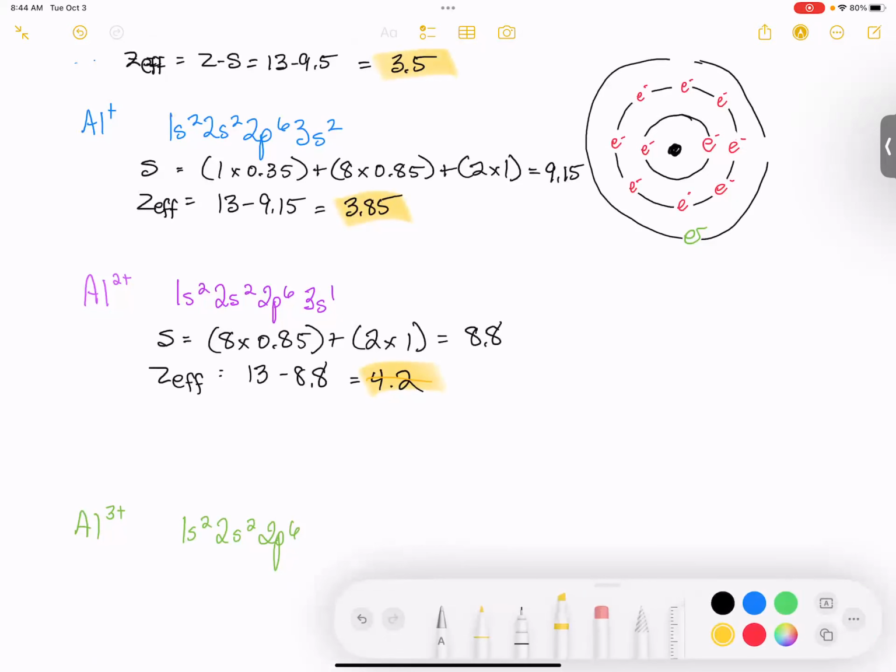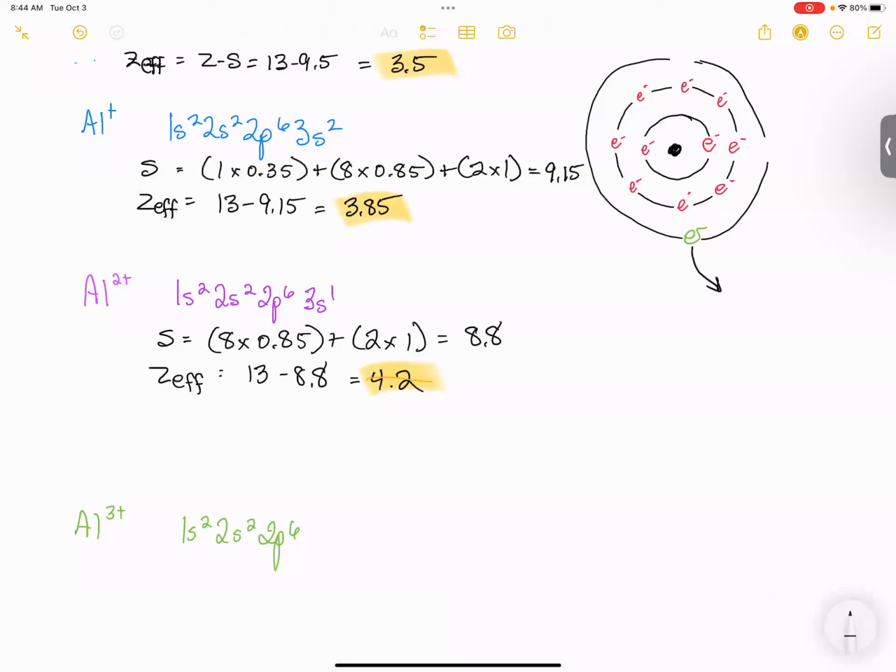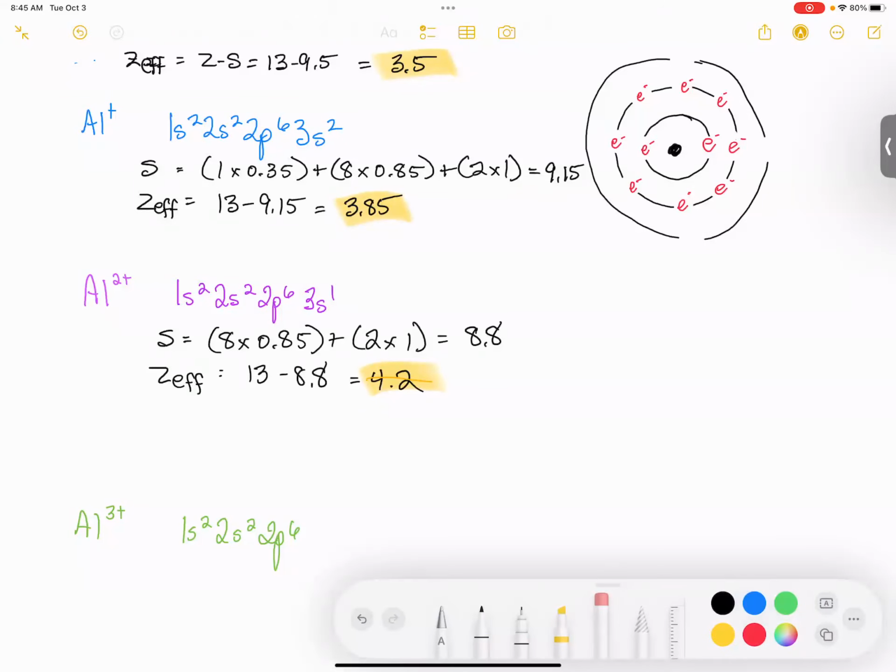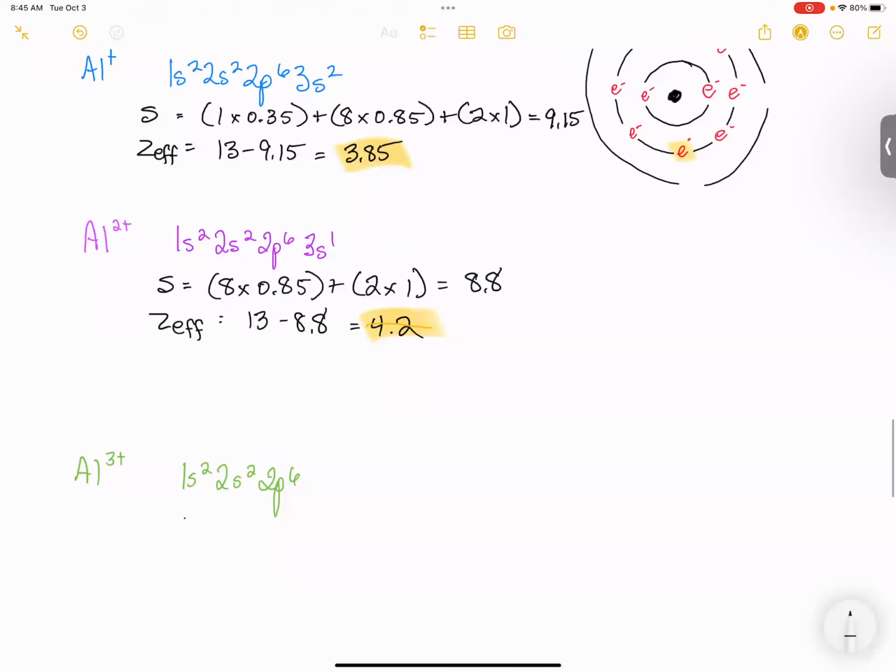I can pop off that last electron. And now all those electrons are gone. So what we have is we are looking at just one of these electrons now as being our outermost electron left. So that means it's going to be an S of 7 times 0.35 plus 2 times 1.